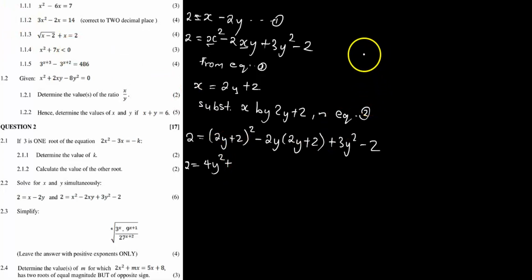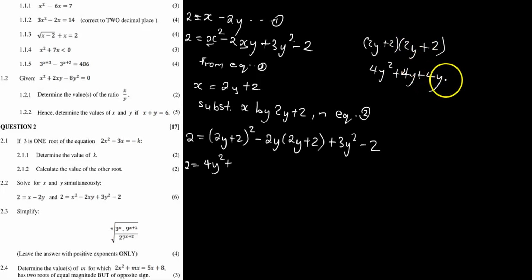If you are not sure, you just write both these brackets and you multiply them out. 2y times 2y is 4y squared, 2y times 2 is 4y, 2 times 2y is 4y, 2 times 2 is 4. And then these two give us the 8y, and then plus 4.